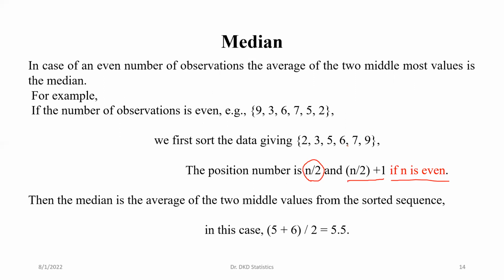So n by 2 in the given data set gives the value 5, and n by 2 plus 1, so 3 plus 1, gives the fourth positional value, 6. So the median value is 5 plus 6 divided by 2, which is 5.5. This is how we calculate the median for an ungrouped data set, whether the number of observations is even or odd.